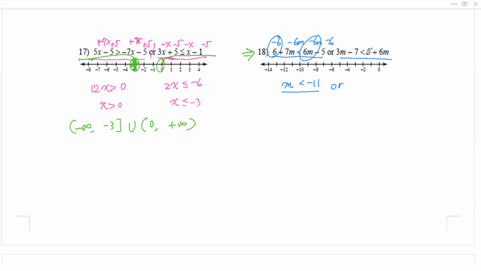Or see the right part, both sides minus 6m, both sides plus 7, so here became 0, so here left is negative 3m, right, less than 12. Both sides divide by negative 3, we need to flip the alligator mouth, so it became greater. So m greater than negative 4.